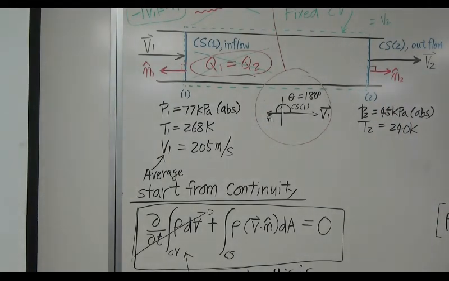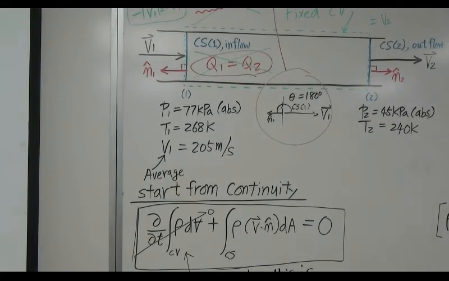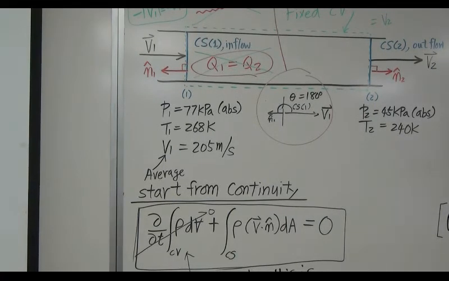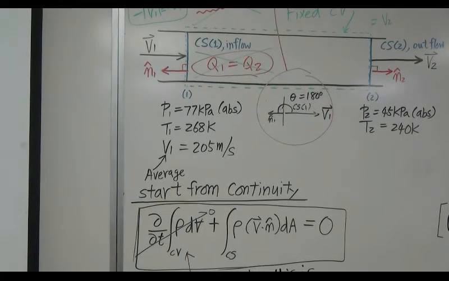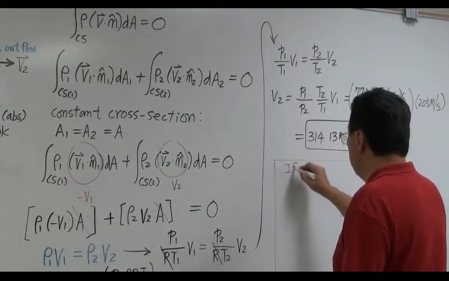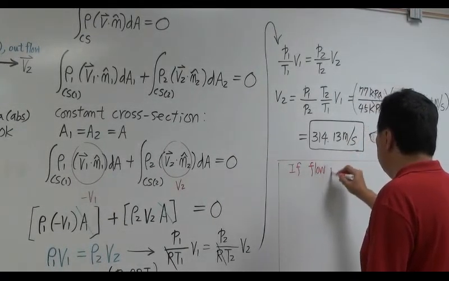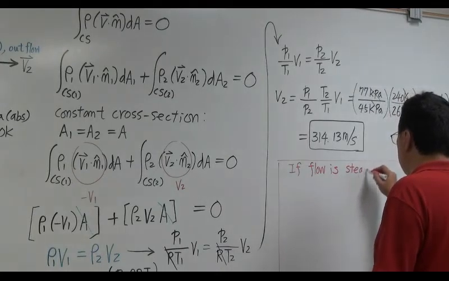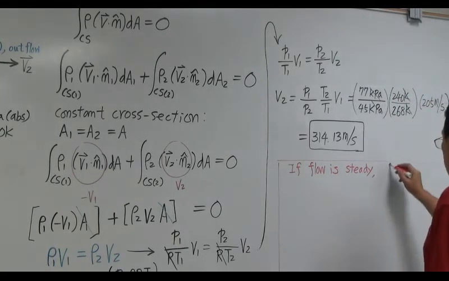And this equation can be applied in control surface 1, control surface 2. Okay. So if this is not air, but liquid flow, you can say density rho 1 is the same as density rho 2, it's an incompressible fluid. So you can cancel out density. Then you are going to have this kind of equation. If flow is steady, you get that.